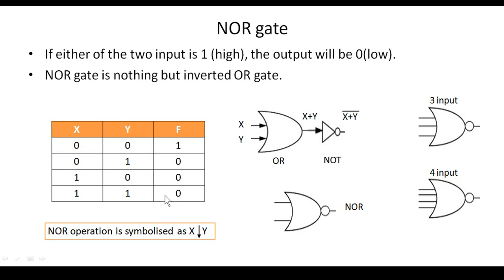That means all the output is high, other than if both the inputs are 0. Then the output will be 0. Otherwise, everything will be 1. Now the NOR gate is just the opposite of that. If both the inputs are 0, then the output is 1, and for all the remaining combinations, the output is 0.